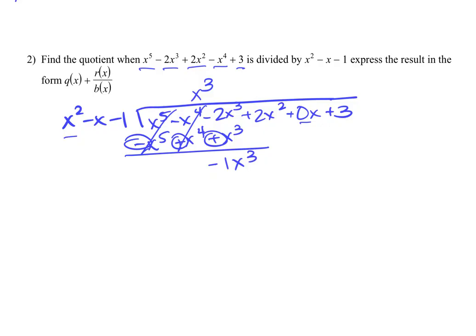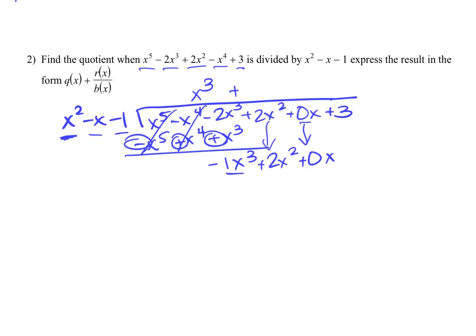Now I need 3. So that means I have to bring down 2x squared plus 0x. Now if the 0 was first, then I would bring another extra one down. But this negative 1 is first, so we're good. So negative x cubed divided by x squared up here gives me just x.